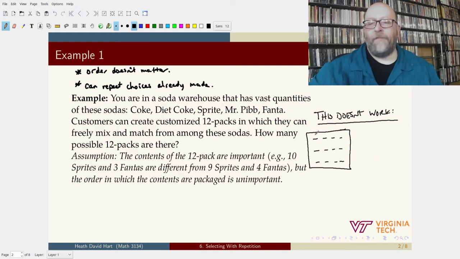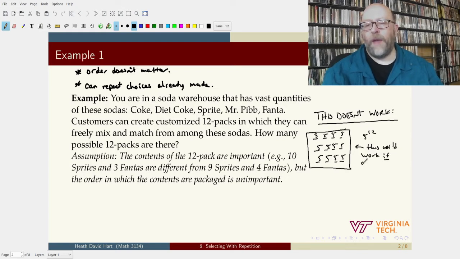If I say that I have 5 choices for each blank, and say, not 5 factorial, 5 raised to the 12th, this takes the order into account. This would work if order mattered.